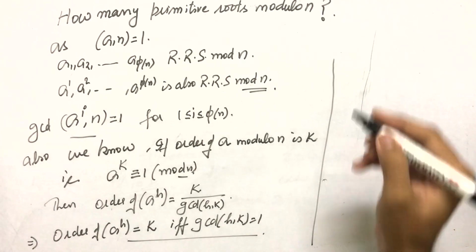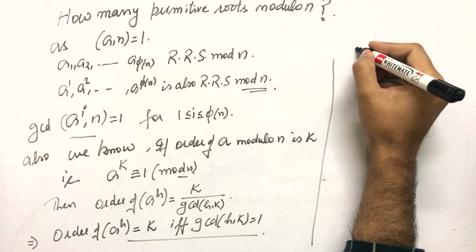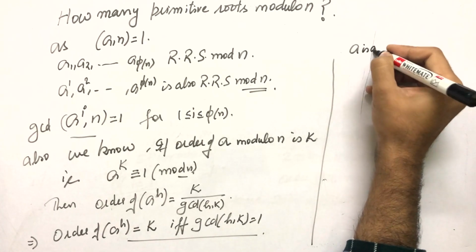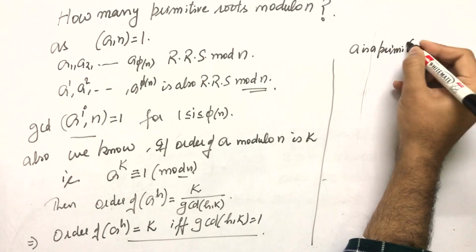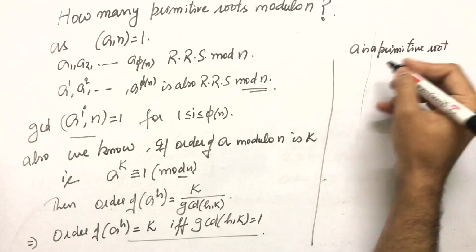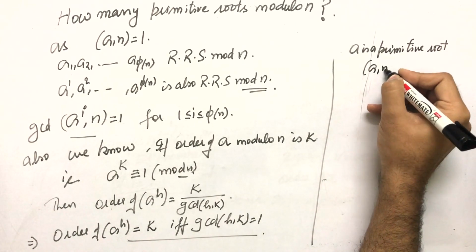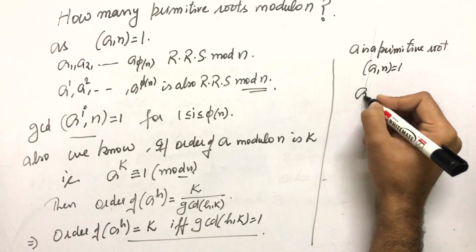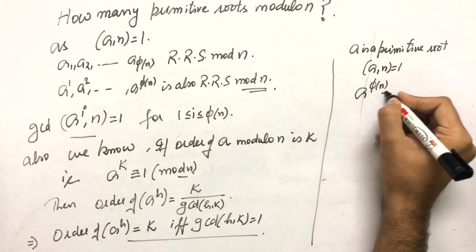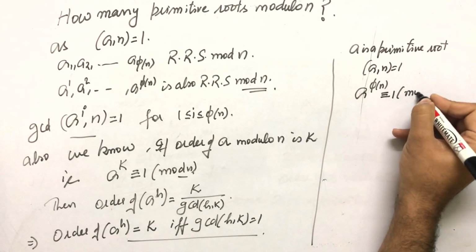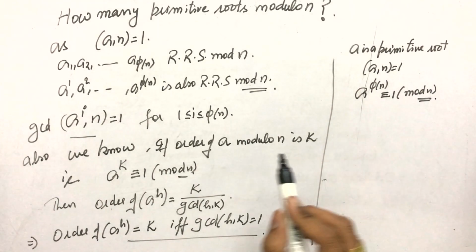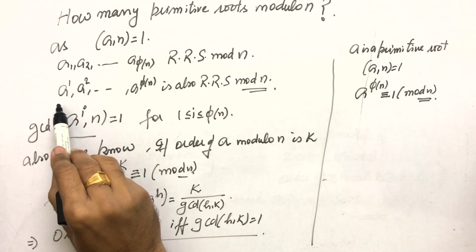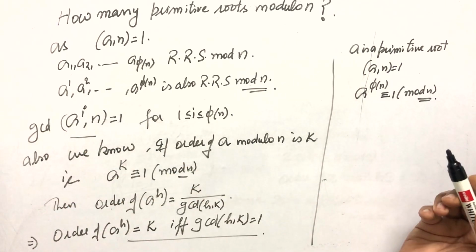Now we make use of these results for primitive roots. So let me discuss. Let a be a primitive root. That means GCD of a and n is 1 and the order of a is phi n. This is congruent to 1 modulo n. Now very easily, what other power of a is a primitive root?